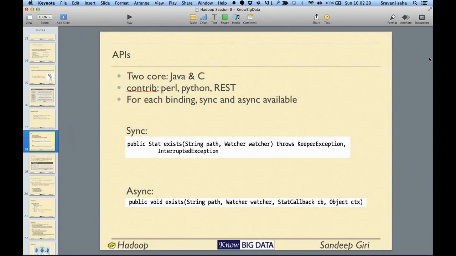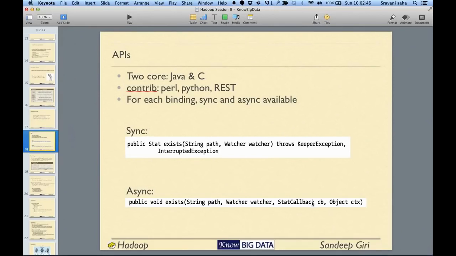In case you provide a handler and say that once you are done with deletion, please call this function, that is asynchronous. That saves us a lot of time, but makes our life a little complex in terms of handling all of these circumstances. Sounds good? So you always give a callback function.